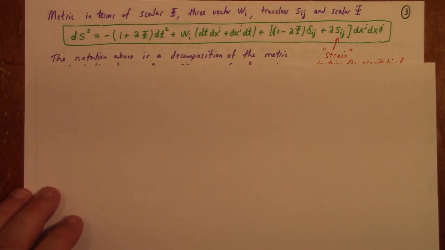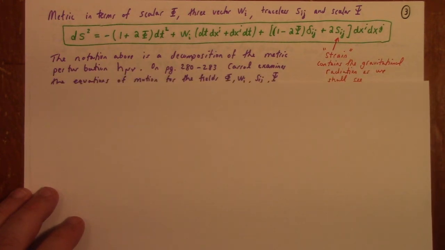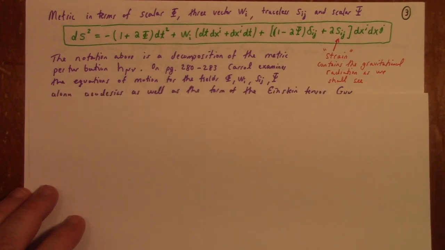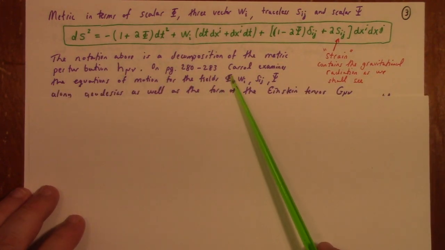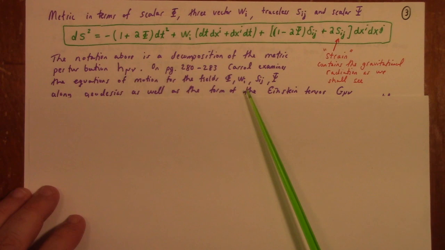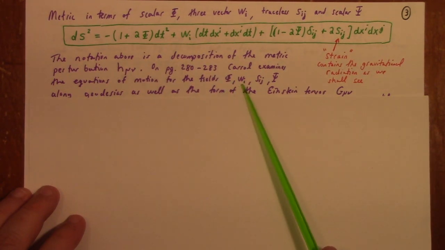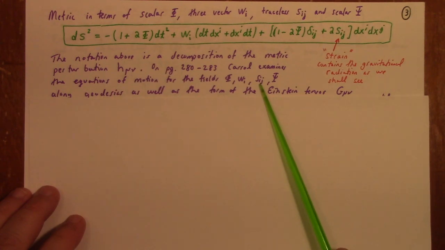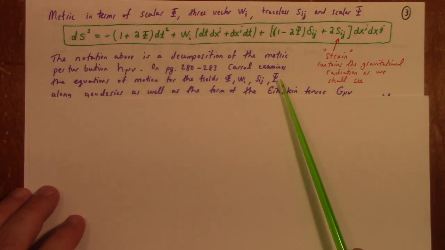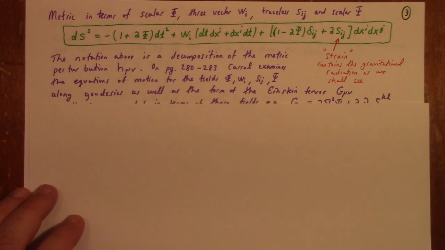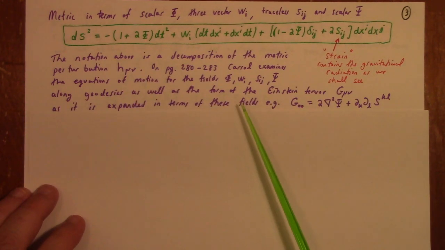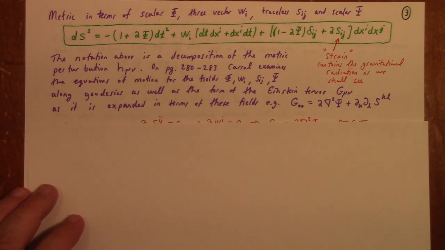All right, so the notation above is a decomposition of the metric perturbation h mu nu. On page 280 to 283, Carroll examines the equation of motion for the fields phi, the vector wi, the strain Sij, and psi along geodesics, as well as the form of the Einstein tensor G mu nu as it is expanded in terms of these fields.